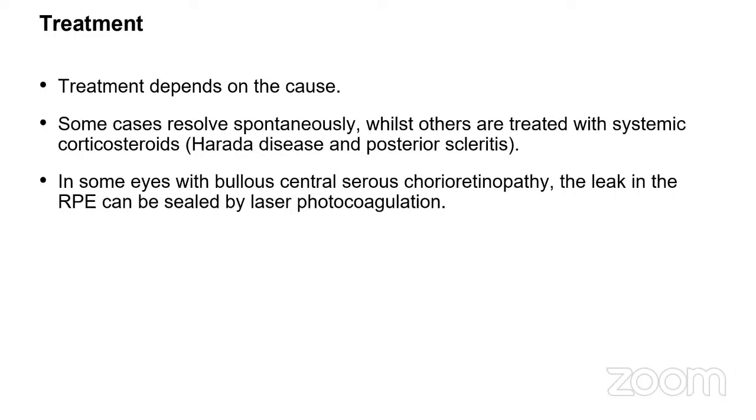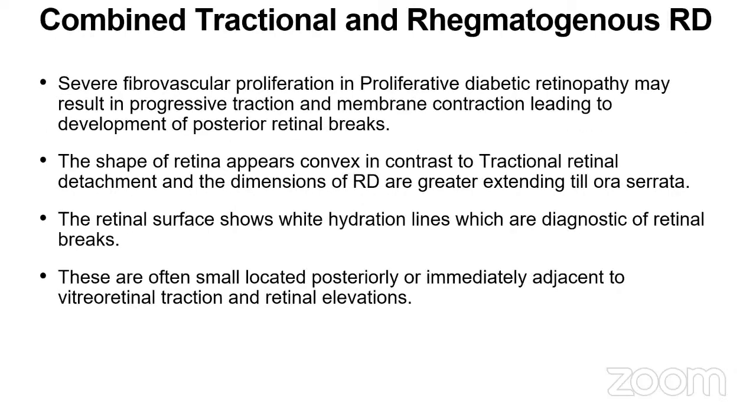In CSR, we will avoid steroids, whereas in VKH, which is due to inflammation, we have to give corticosteroids. So one has to be sure in differentiating these two diseases. And in some eyes with bullous CSR, the leak in the RPE can be sealed by laser photocoagulation.